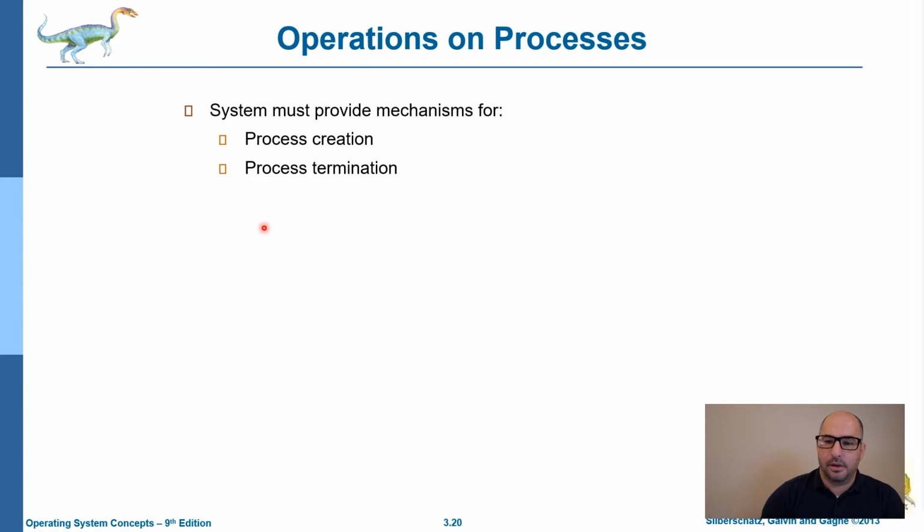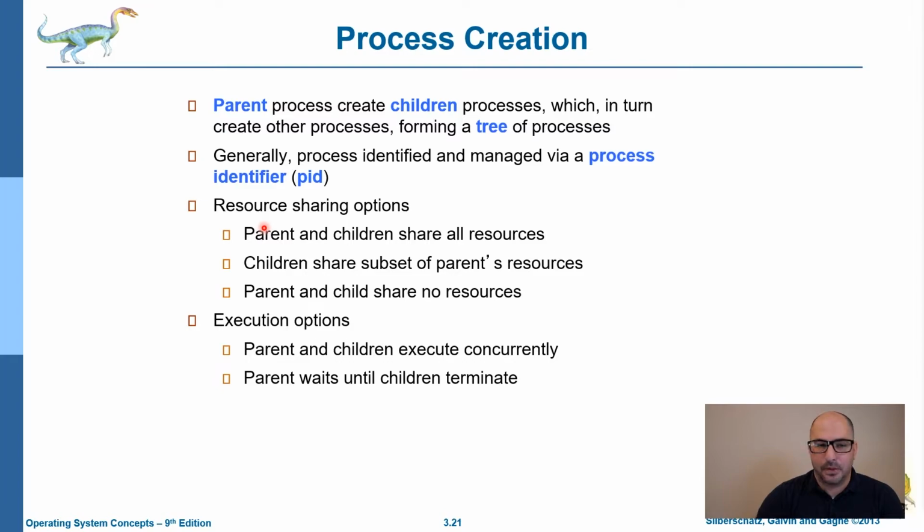So there are two critical operations that the operating system must provide, and that's creating a process and terminating a process. So process creation will be dictated by the system in place. The example that we use here is Linux, that a process is created by what we call a parent. So that one process while it's running will request that another process is created.